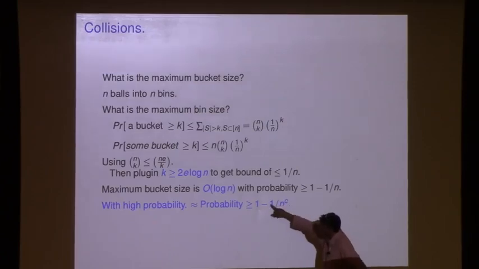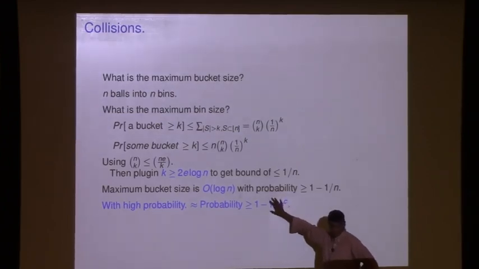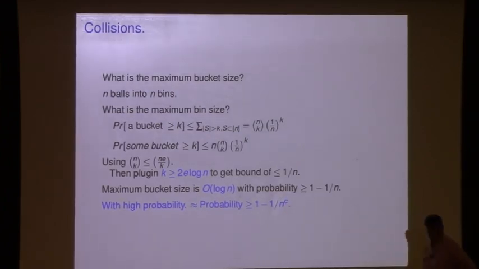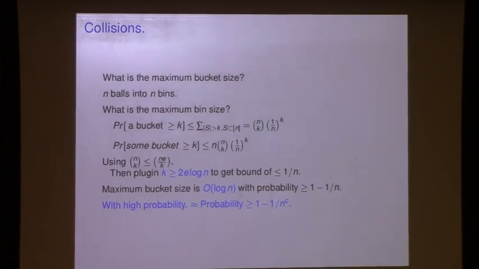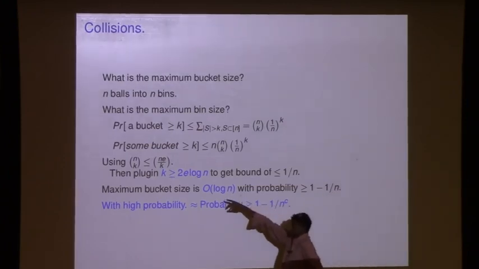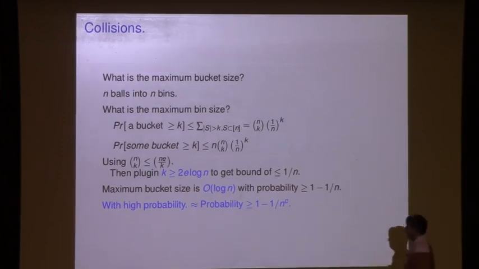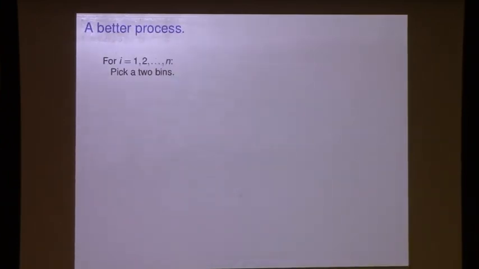Meaning how far you are away from 1 goes to 0. So that's what with high probability means. You can force it to go to 0. So I can change this from 1 over n to 1 over n squared by changing this constant to 4. So it's just a game we do.